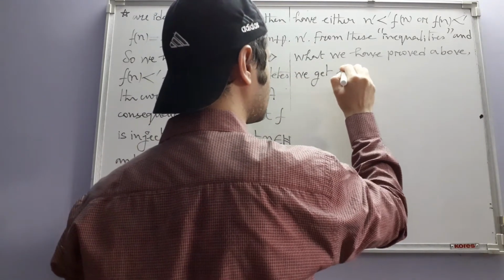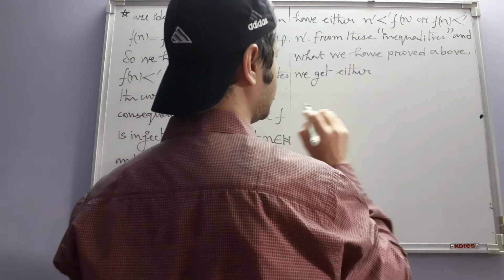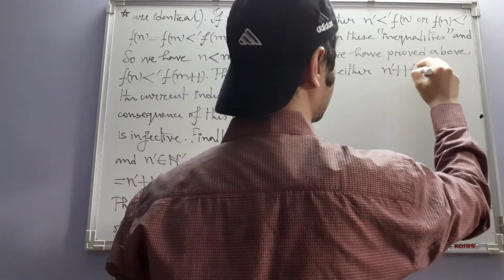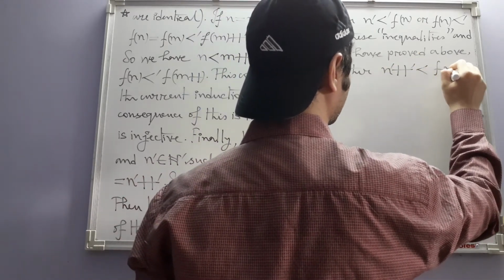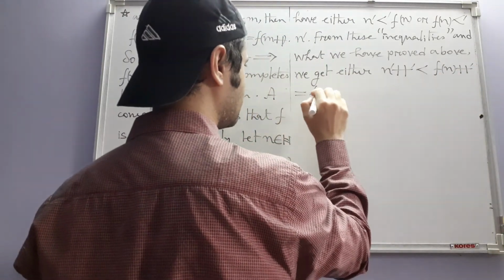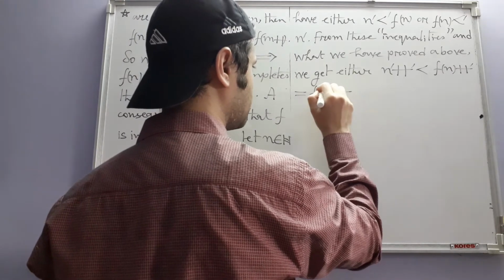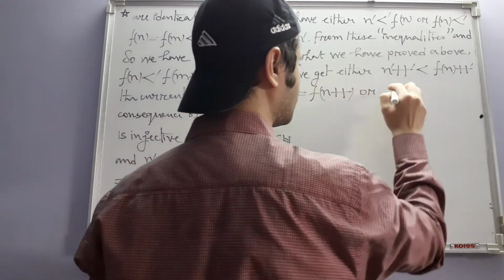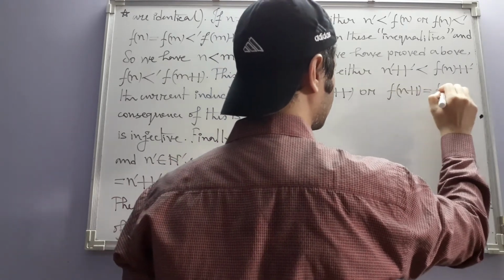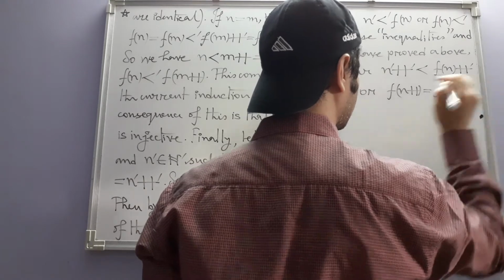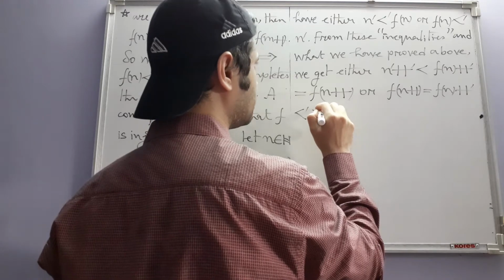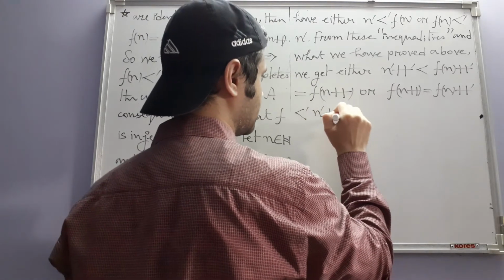we get either this thing, n prime plus plus is less than f of n plus plus, or f of n plus plus is less than n prime plus plus.